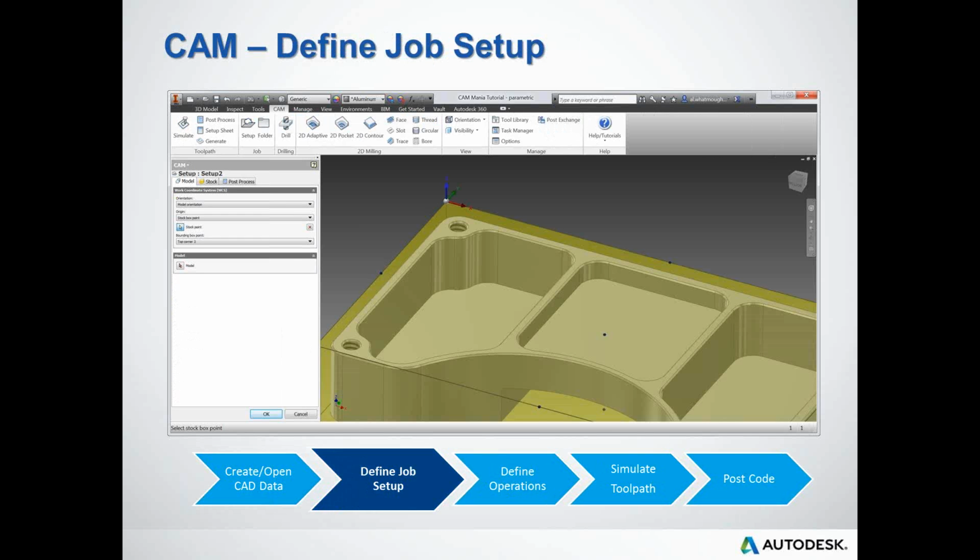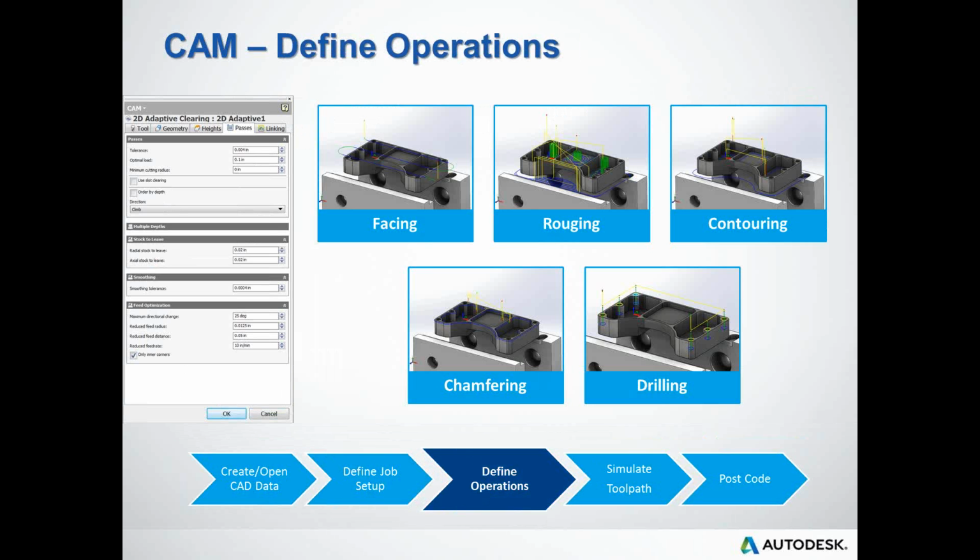You define the operations, and the operations in a quick snapshot would be face mill, rough pocket, contour around the outside or the inside of a pocket, chamfer, and then they have drilling, and that's where we'll find all of our hole making solutions under the drilling area. That's for spot drill, ream, counterbores, taps, and so forth are found there.